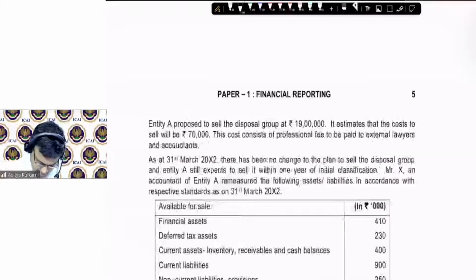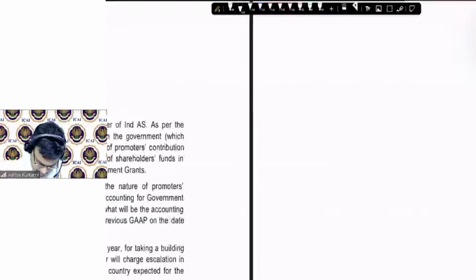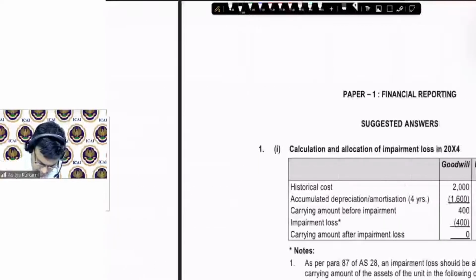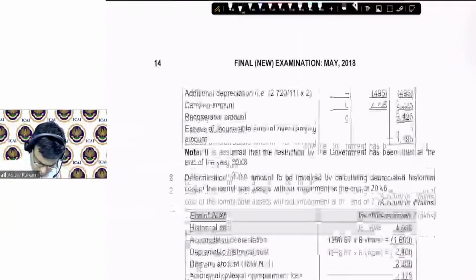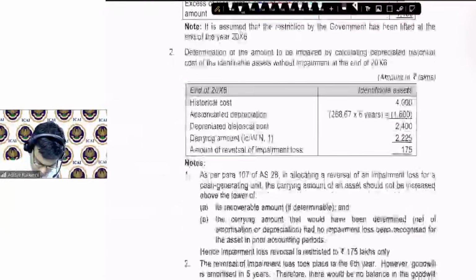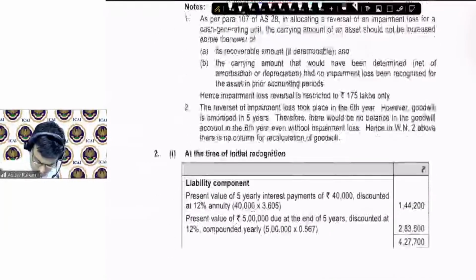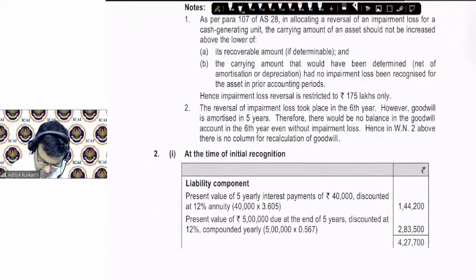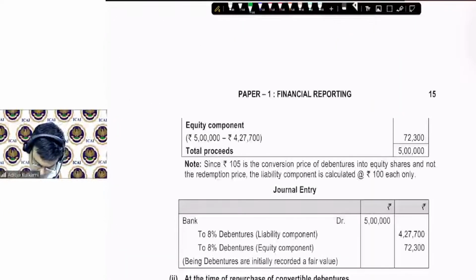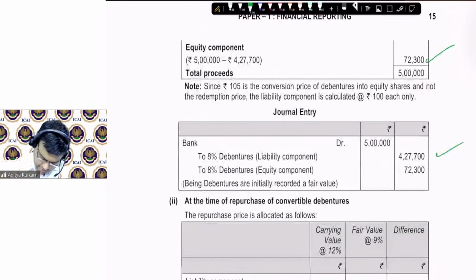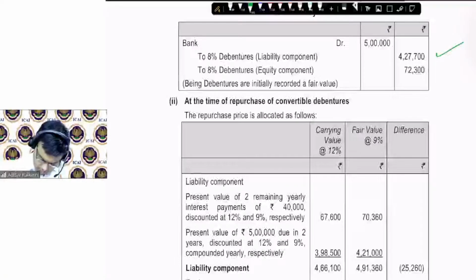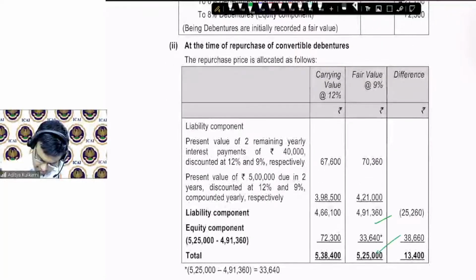Let me just see it quickly. This we got 427,700, so this is right. This entry is correct. Now this entry is also correct.